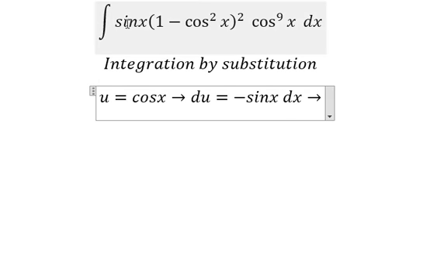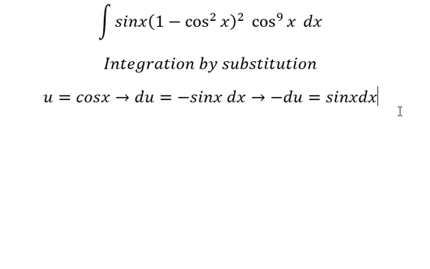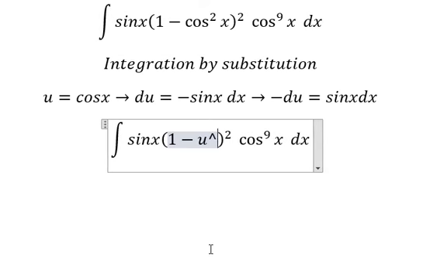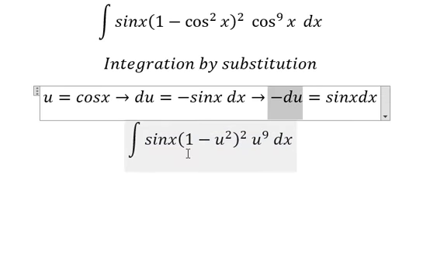Because we don't have the negative sign in here, I will move the negative to the left. So this one we change by u and we have u square. This one we change by u and we have u to the power of 9. Sin x dx we change by negative du.